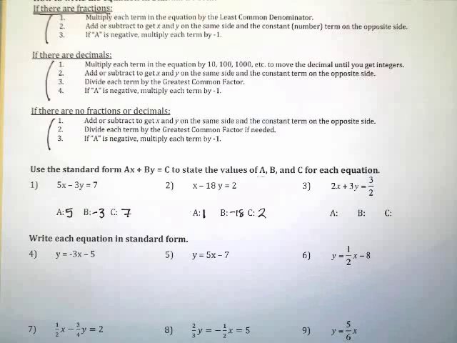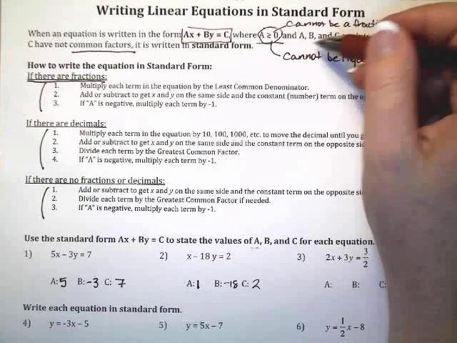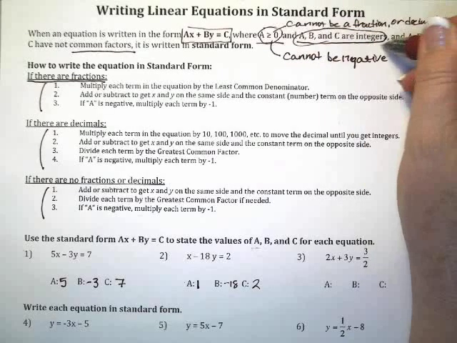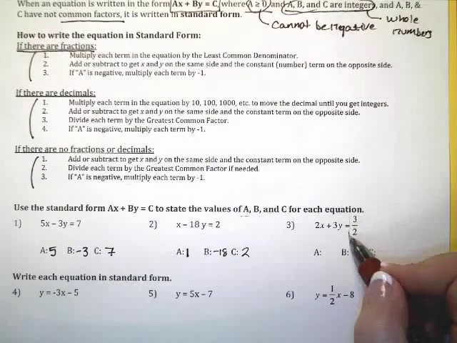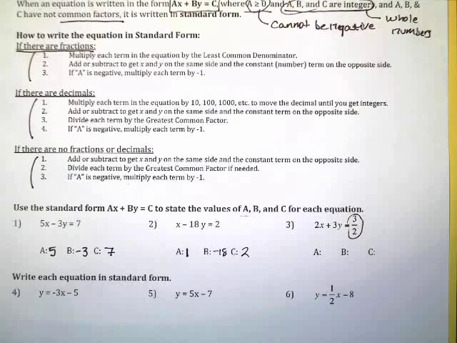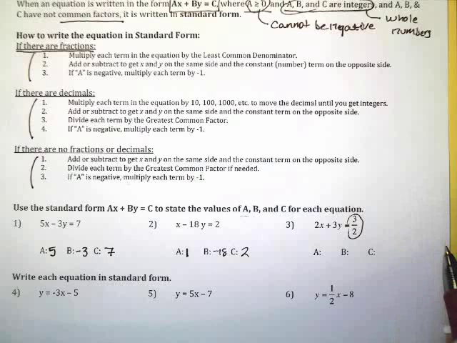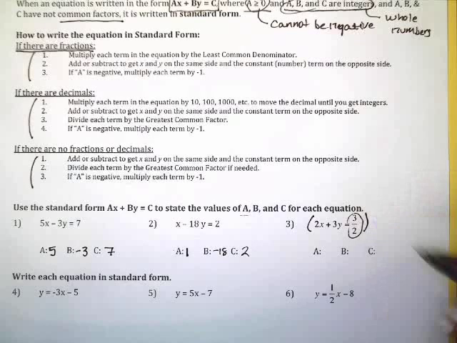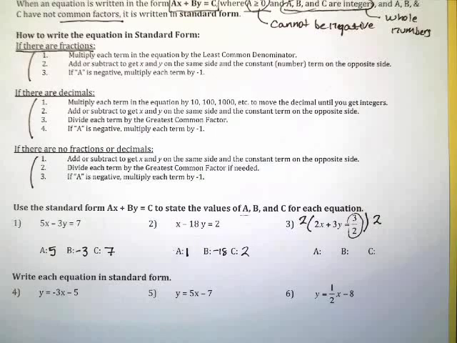Now over on number 3, they give us an equation, but this equation is not in standard form, because according to standard form, a, b, and c need to be integers, which are whole numbers. And you can see that this is not a whole number. It's a fraction. We can't have any fractions in this equation. So let's go ahead and remove the fractions. If you take a look at this denominator of 2, let's put parentheses around the equation and multiply every term in this equation by 2.